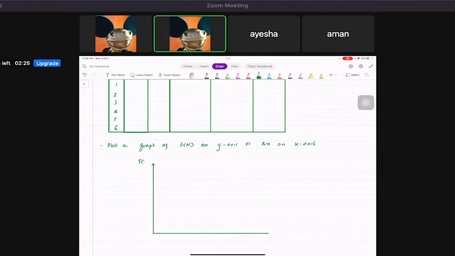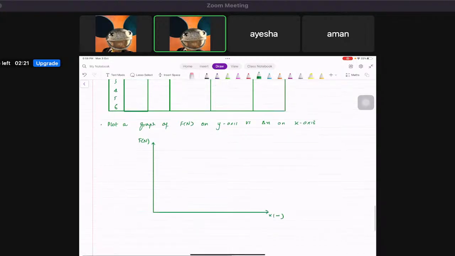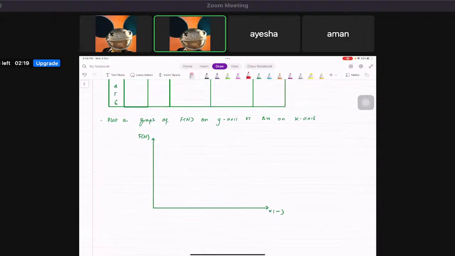F and x. Now when you plot the points, they are going to be something like this. So you're going to draw a line of best fit. The line of best fit should start from the origin. It will be a straight line like that.